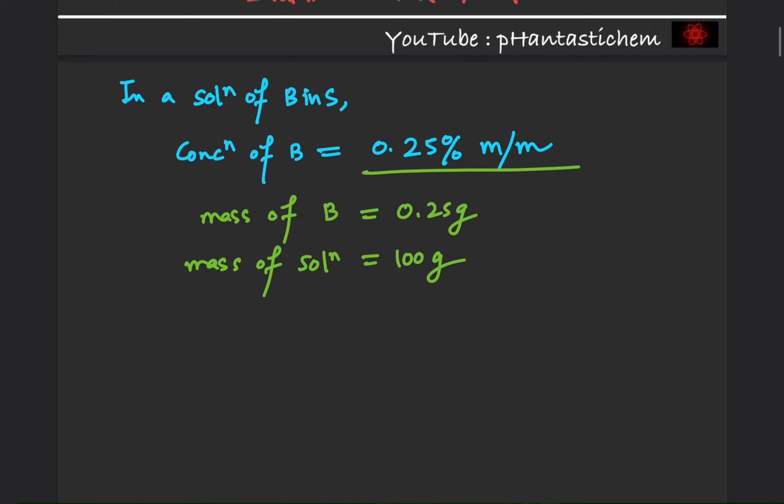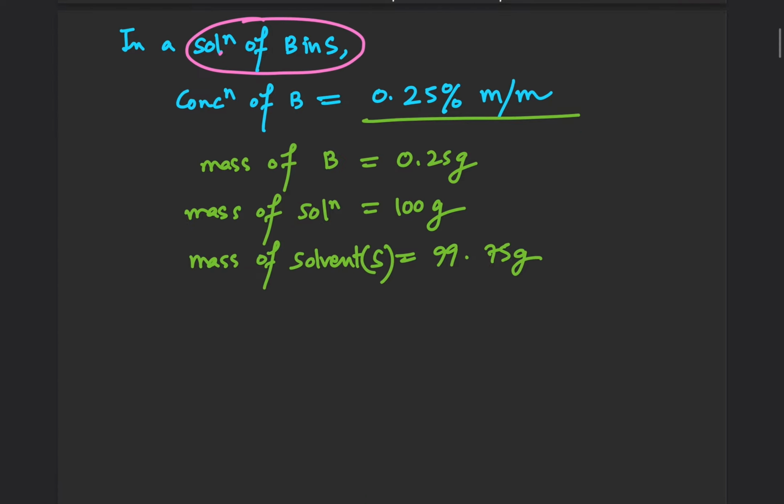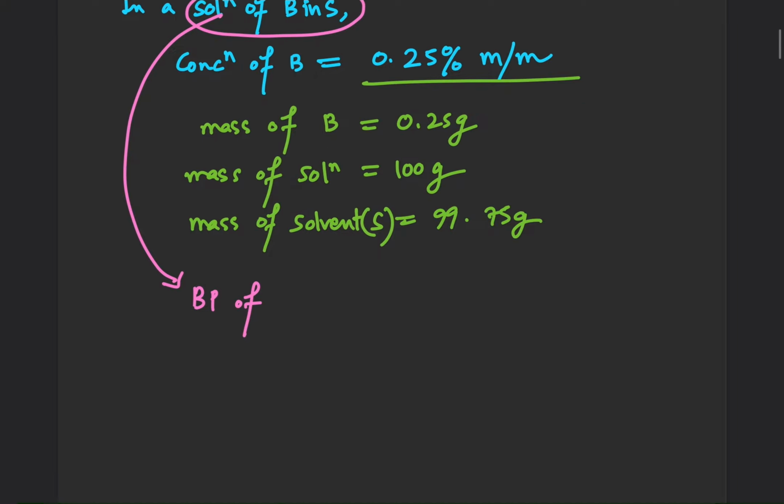So therefore the mass of the solvent S will be equal to 100 minus 0.25, that is 99.75 gram. And also for this solution of B in S, the boiling point of the solution, let's say that is T_B, is given to us as 408 Kelvin at 1 bar pressure.